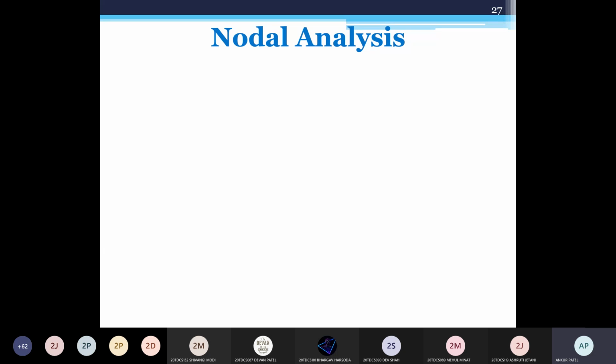Okay, node and nodal analysis. So in nodal analysis, first what you have to do: identify available nodes in the circuit.